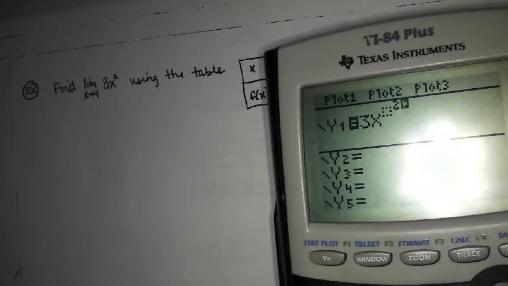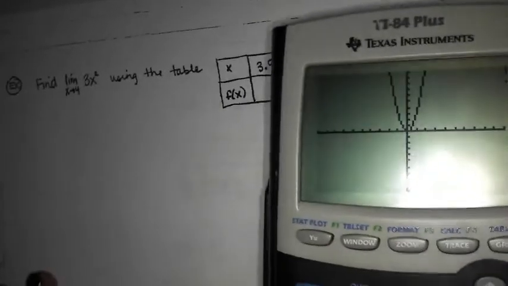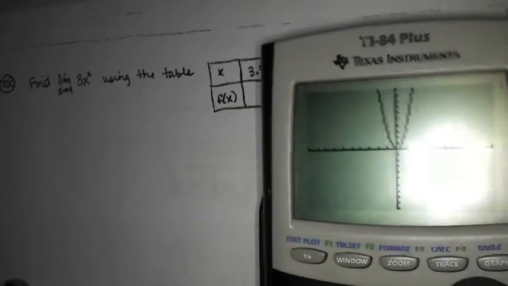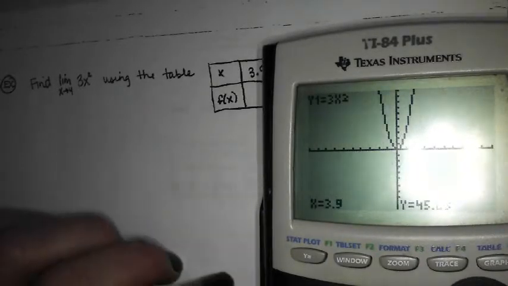is to just, oh my word, delete, delete, 2. Okay. So I'll do a zoom 6, a standard window, and then I'll just do second trace. I'll plug in 3.9, I'll plug in 3.99. 3.9 gives us 45.63.